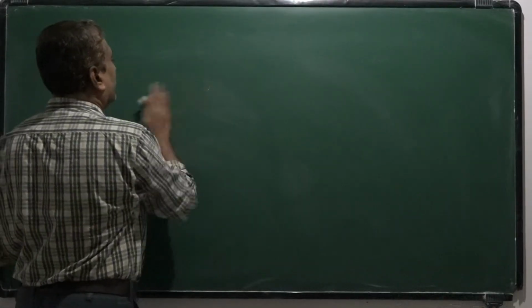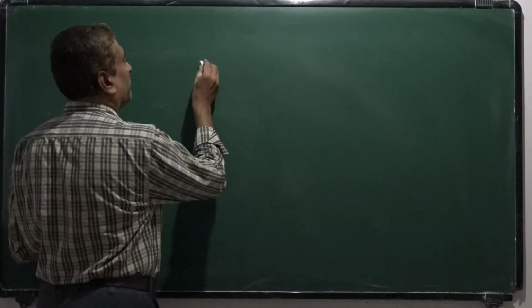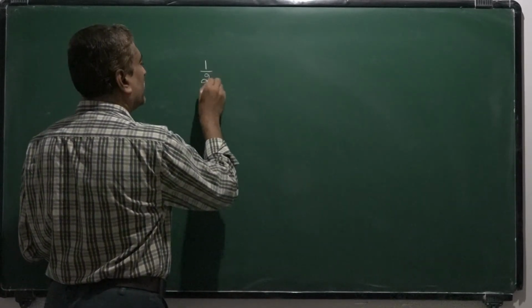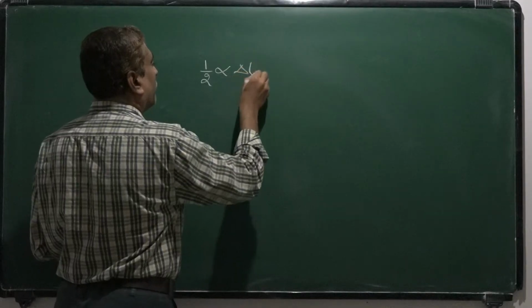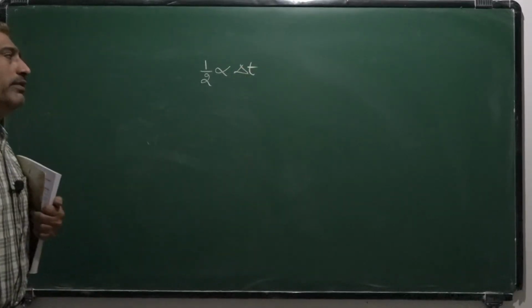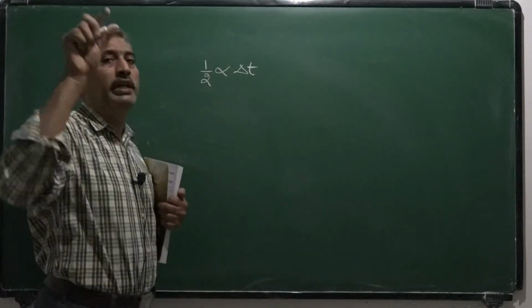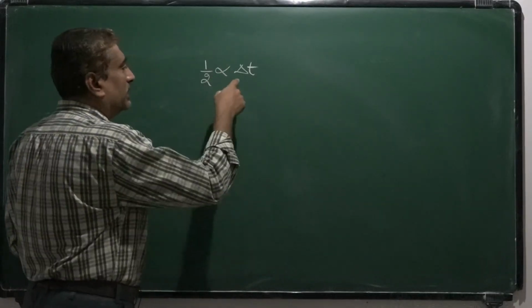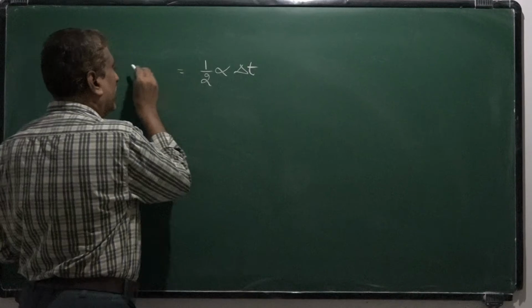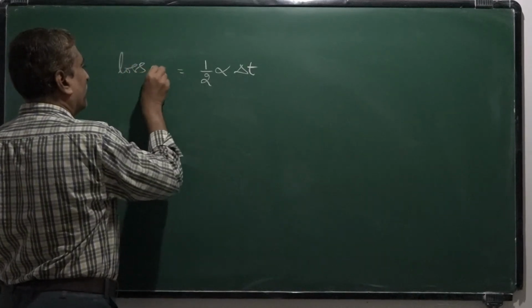The time lost or gained per second by a pendulum clock due to variation of temperature is given by half alpha delta t, where delta t is the change in temperature and alpha is the linear coefficient of expansion of the material of the pendulum. So this is for loss or gain of time.